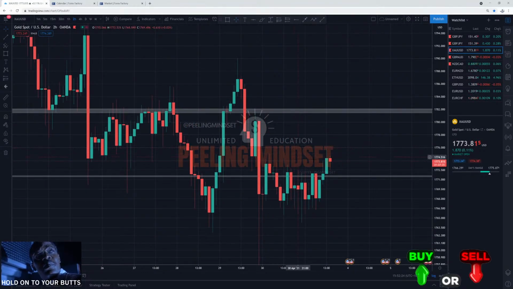So the previous 2-hour also closed above this range. If this was a range in gold, and the price is actually leaving that range, the previous 2-hour did close above that range, and we do have a little bit of clear traffic here.